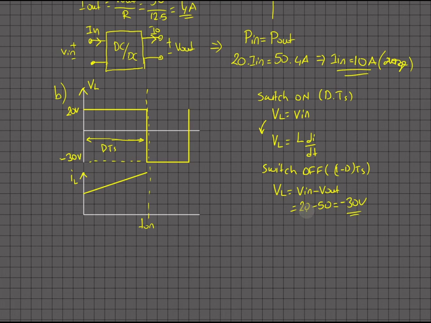Again, if you are applying a negative voltage, then the inductor will discharge.